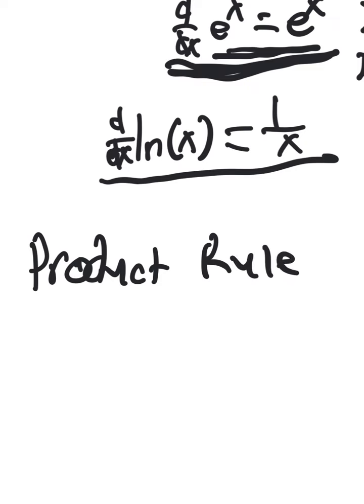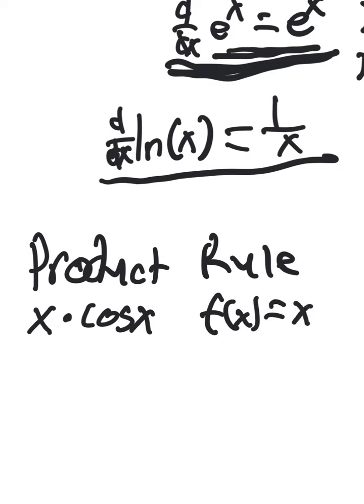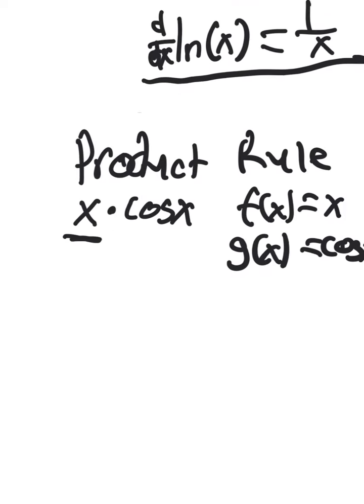Which states that if you have the derivative of something like, let's say you have x times cosine x. You can't just take the derivative of that because you're multiplying, not adding. Remember, if we were adding these, you could just take the derivative separately. But because we're multiplying them, we have to use something called the product rule. So let's say f of x equals x. This is this part. And then g of x equals cosine of x for this scenario. These could be anything.